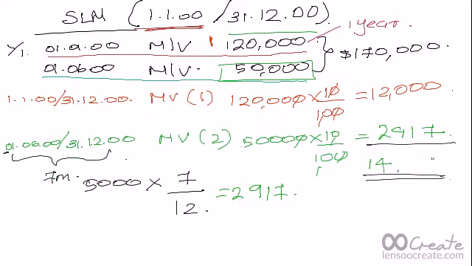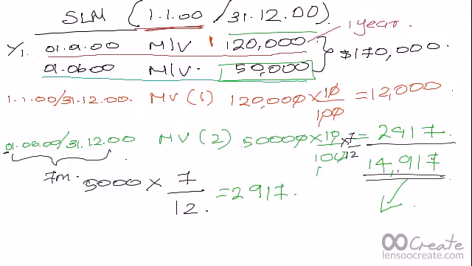Overall it will be 14,917, the total which should be considered as depreciation. So for year 1, that is 1/1/2000 to 31st 12/2000, the value of depreciation is 14,917.